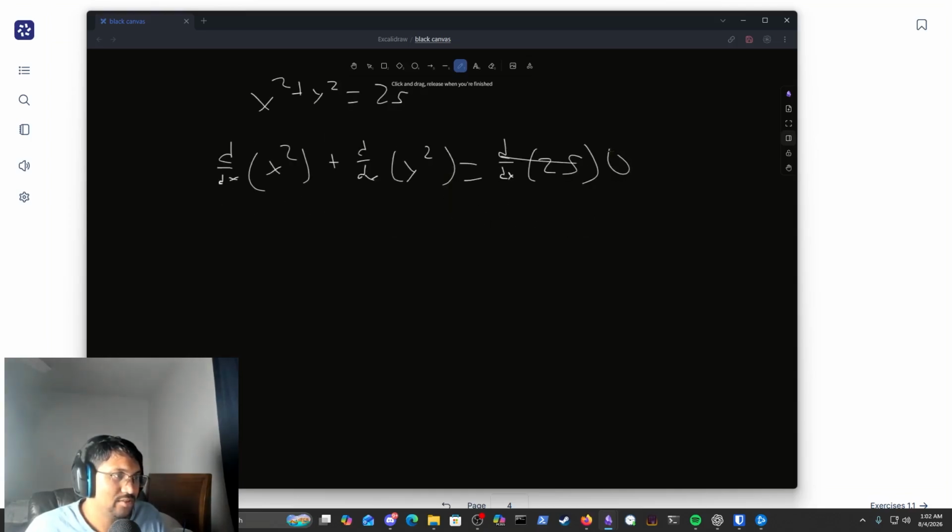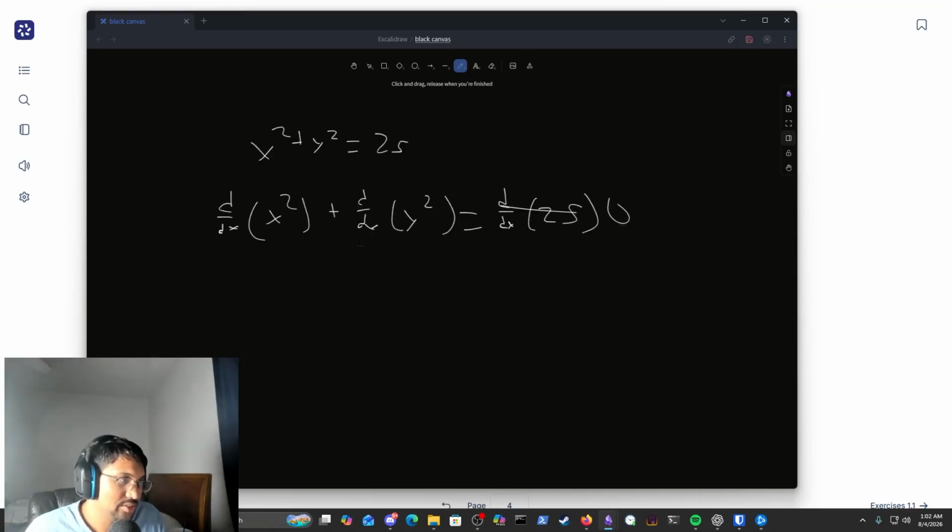Since 25 is constant, that turns to 0, and d/dx of x squared is just 2x. But because this is an implicit solution, we assume that since we're differentiating with respect to x, y actually represents some function. So when we differentiate it, we're actually doing y of x, squared.